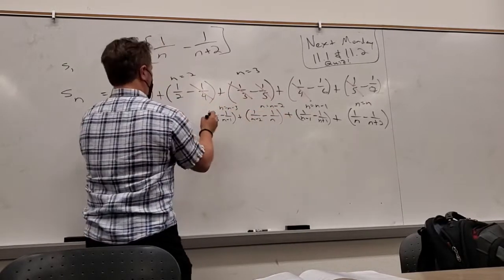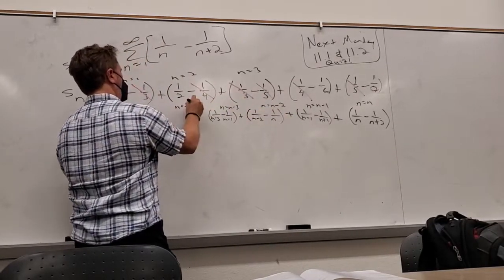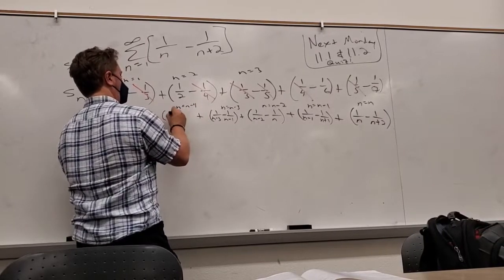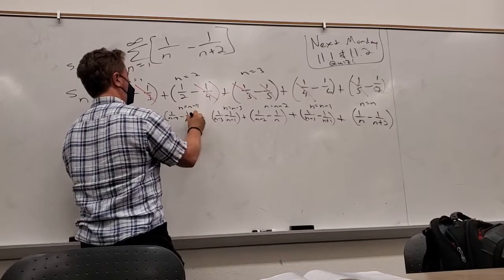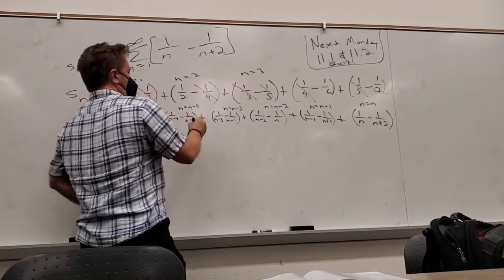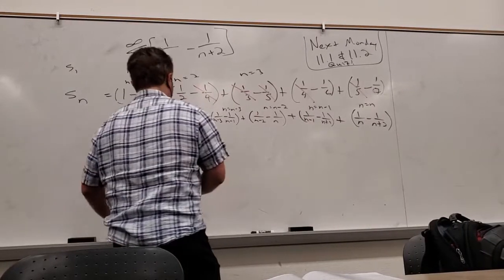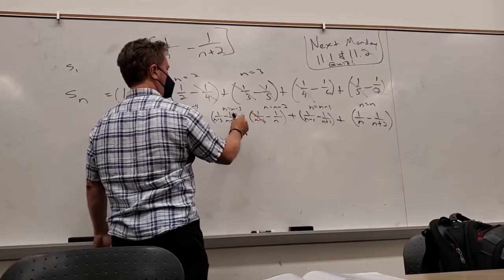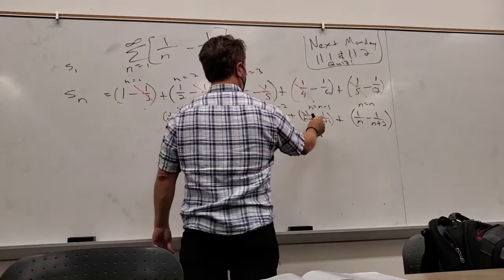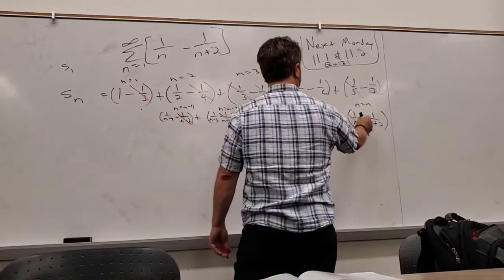Cancels. All right, let's do one more just to be safe. n minus 4: 1 over n minus 4 minus, John? 1 over n minus 2, right? So see this cancels? Right? See this cancels?